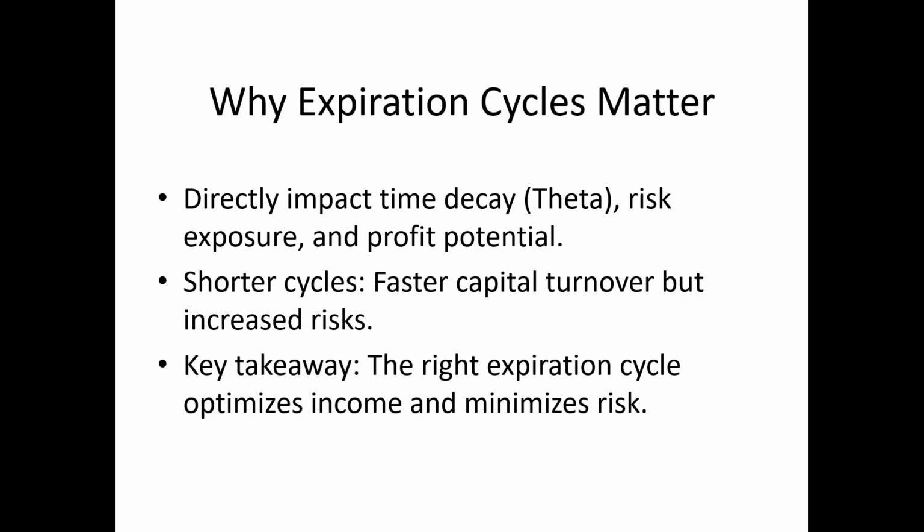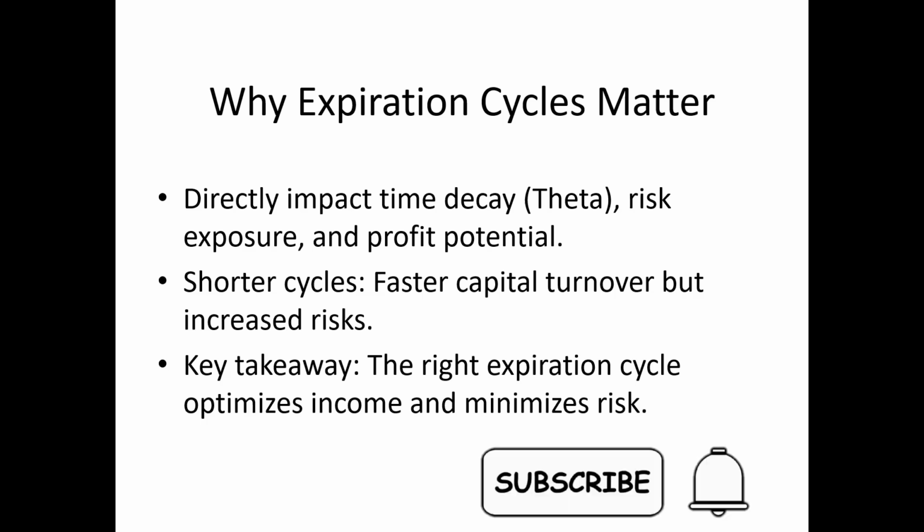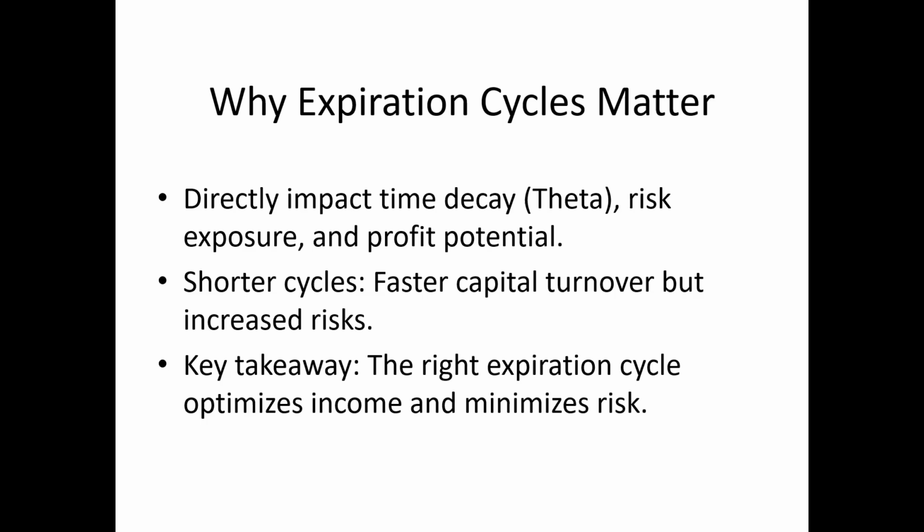That's the benefit. But on the flip side of that coin, the shorter the cycle, the more risk you're potentially taking on. So there's a trade-off there. Now, the right expiration cycle will optimize your income and minimize your risk. There is a sweet spot, so to speak, right?